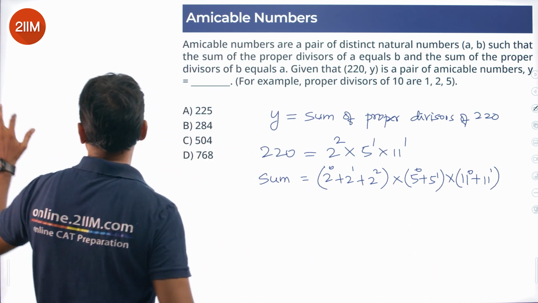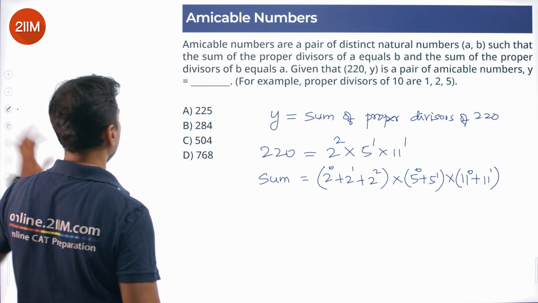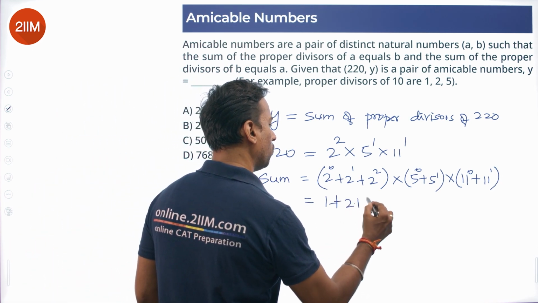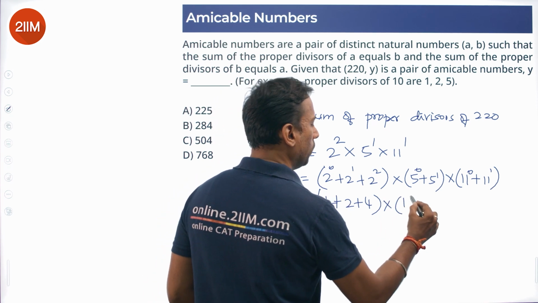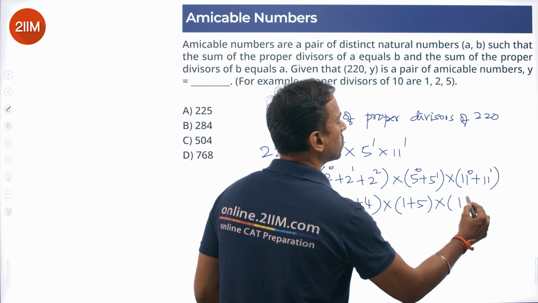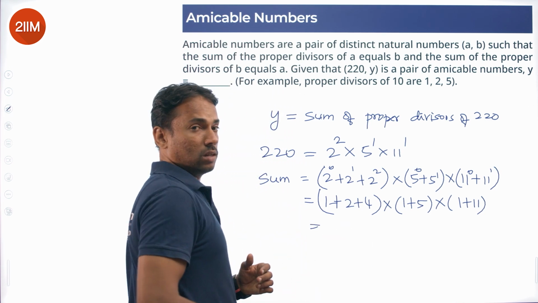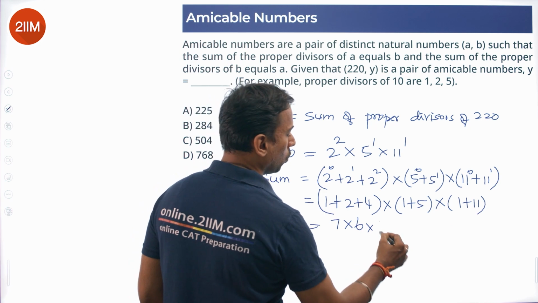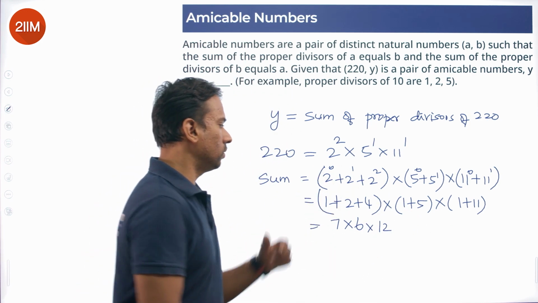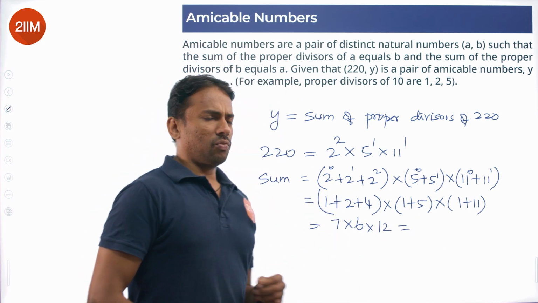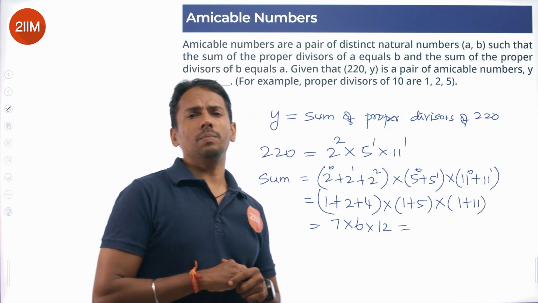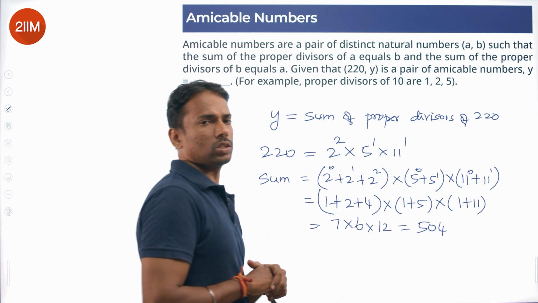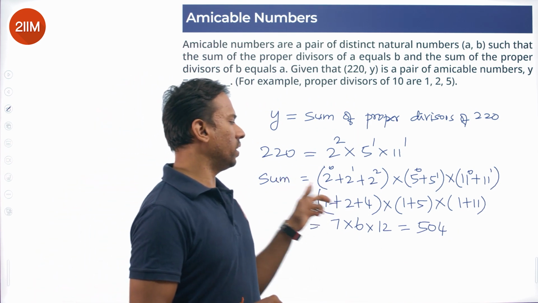Simplifying, this gives (1 plus 2 plus 4) into (1 plus 5) into (1 plus 11), which is 7 into 6 into 12. 7 sixes are 42, 42 twelves are 420 plus 84, 504. So the sum of all the factors of 220 is 504.